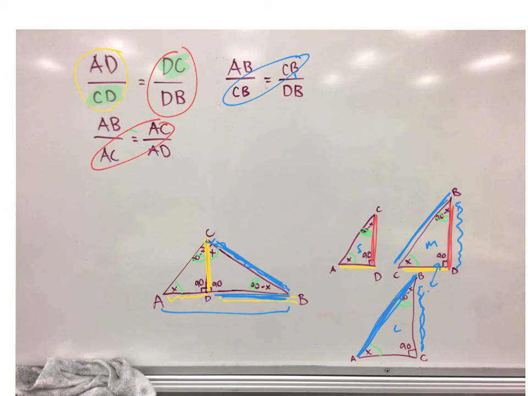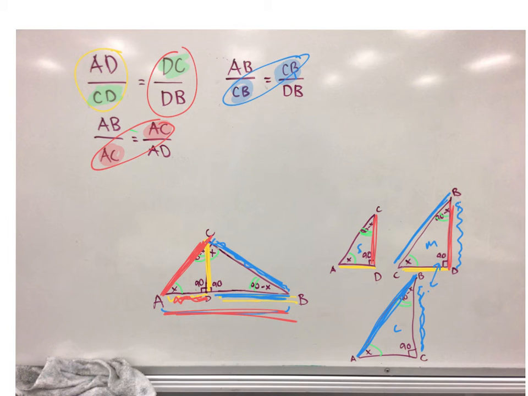So if you're looking at common parts here, AC is this side, the other leg compared to BC. And I have a hunch that that's going to be relating AD and AB, kind of the opposite of what we saw in blue.